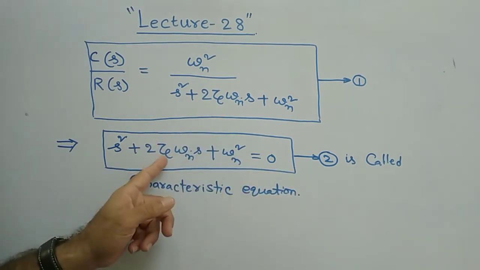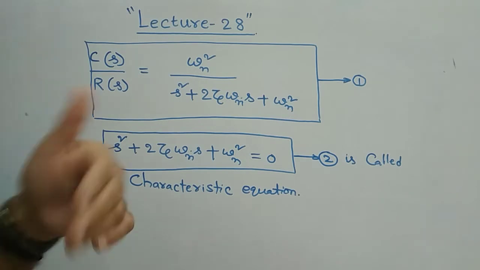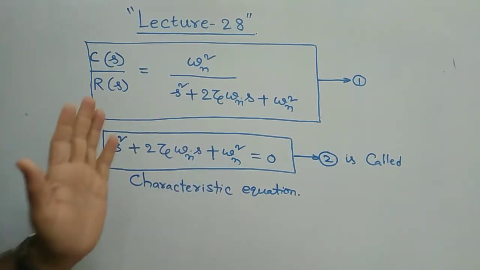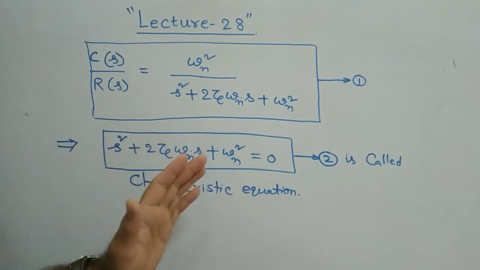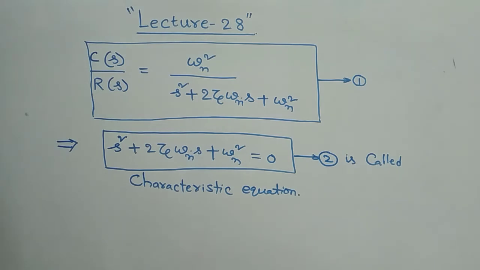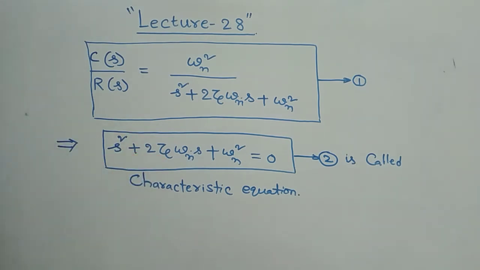If zeta is equal to 1, what could be the system? If zeta is between 0 and 1, what is the system? Similarly, if zeta is greater than 1, what is the system name? That we have already seen in our previous presentation.